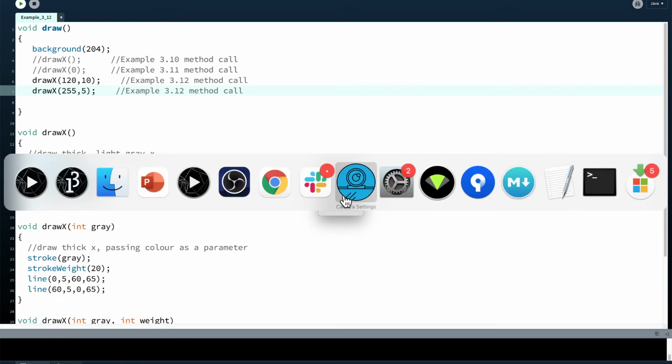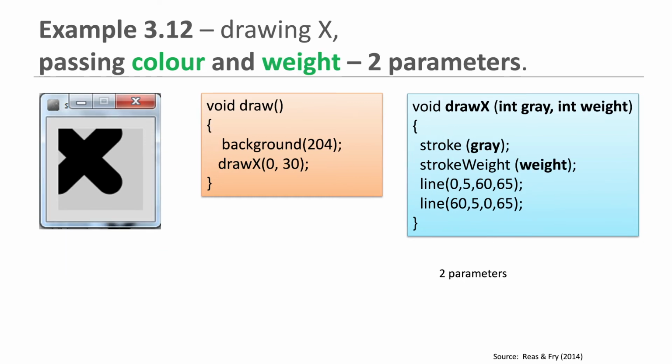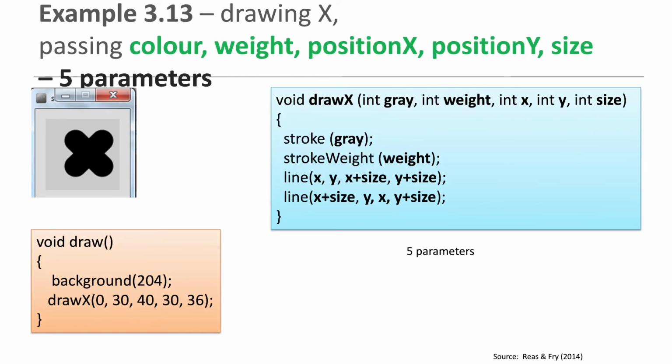Okay, so let's continue with our process of parameterizing this. We've got two parameters, and now we're going to increase it to parameterize everything. So we're going to parameterize the X and Y position and also the size, how big it's made.